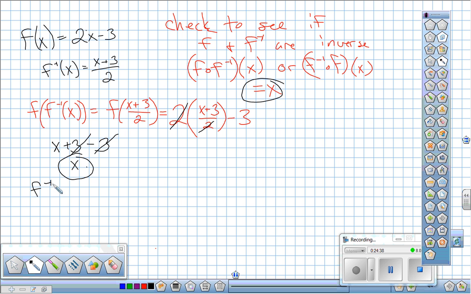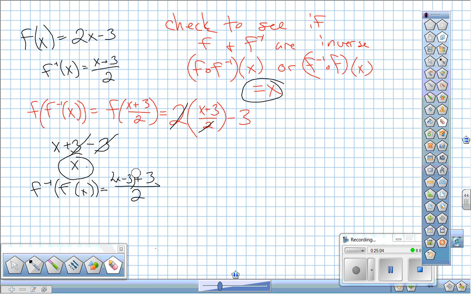So I'll do f inverse of f of x. I will start out writing my f inverse, and I will write my 3 and my 2. Instead of x, I'm going to write 2x minus 3. I'm going to take away my parentheses since there's nothing out front that I need to multiply through.